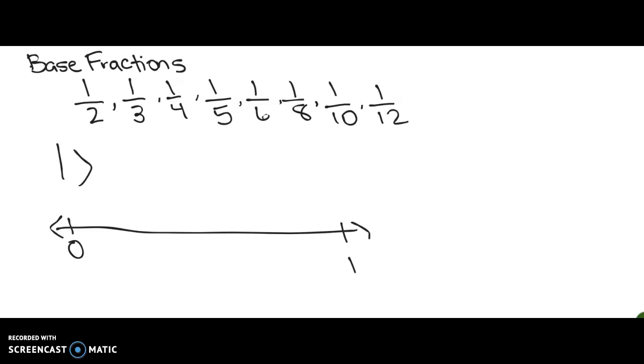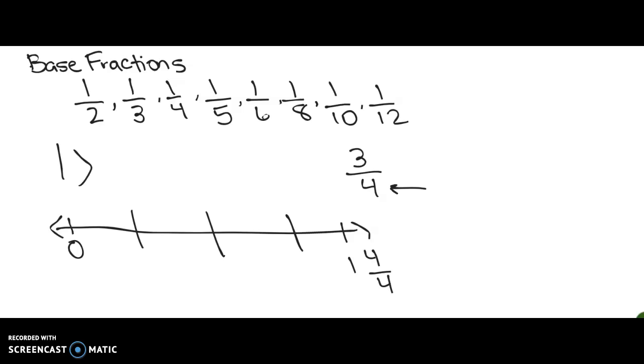So if our fraction that we're trying to find is 3/4, then we know we have to divide our number line into 4 equal parts. So we have 1, 2, 3, and 4. So our whole is going to be 4/4 because 4/4 equals 1 whole.